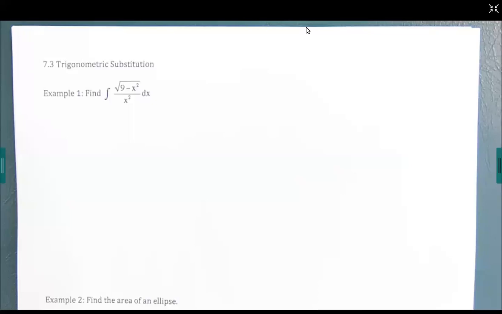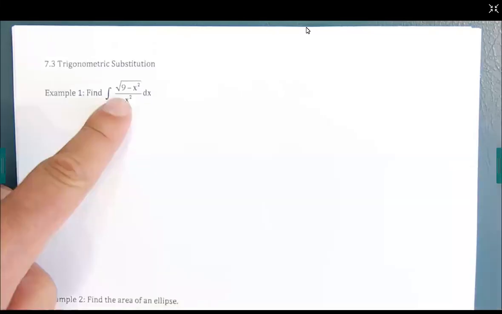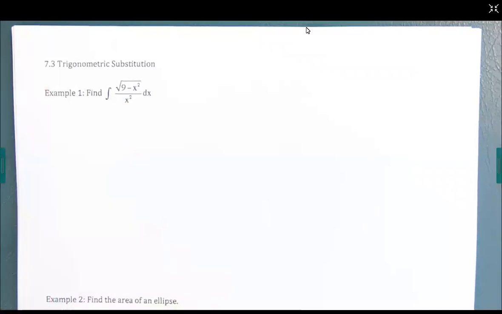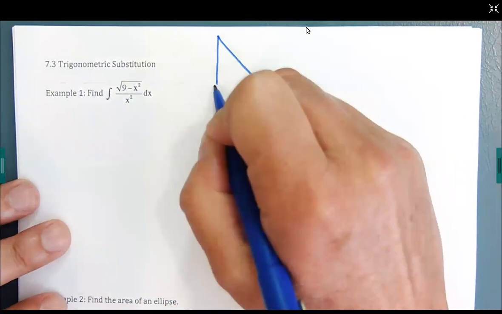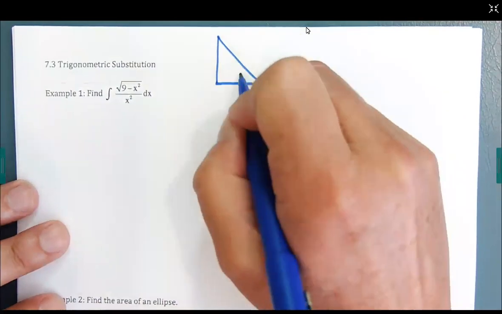So with that said, let's try to put everything together now. When we run into an integral like this, we can see we have a difference of squares here under the radical. And that's no problem. What we're going to do is use a triangle, that's the game plan, to come up with an alternative way of writing it in terms of theta.